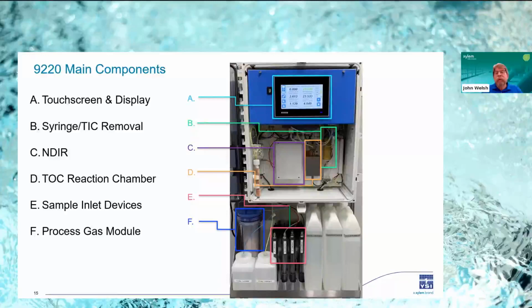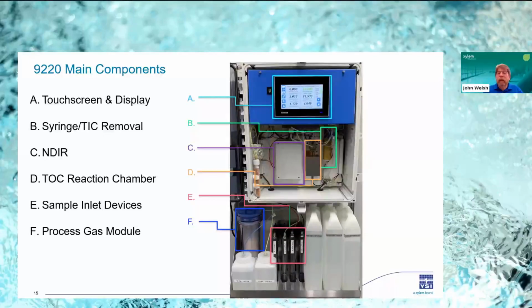After that step has been completed, the sample is then transferred to item D, the TOC reaction chamber, which is an isothermal chamber operating at 98 degrees C, again, according to standard method. There it reacts with persulfate for a predetermined amount of time.